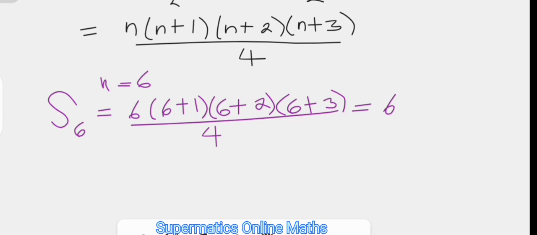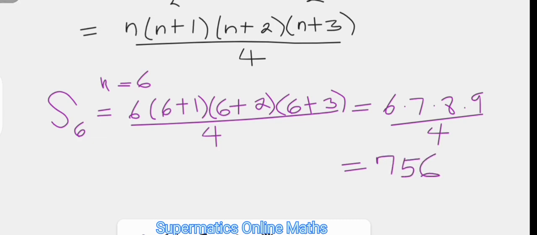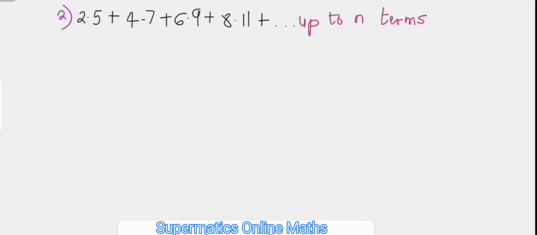And that is 6 times 7 times 8 times 9 over 4. The sum of the first 6 terms is 756.